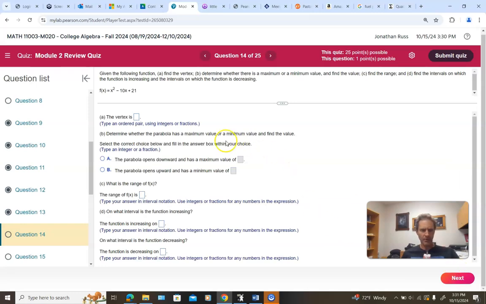Alright, number 14. Goodness, it's the same thing. It's x squared minus 10x plus 21.